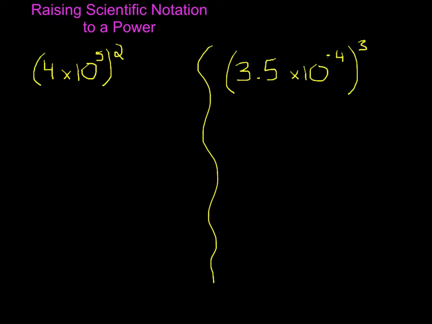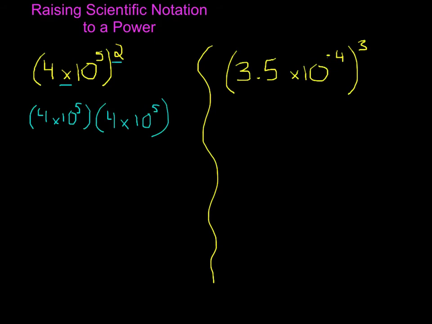Alright, so the third set of examples, we are raising a number written in scientific notation to a power. And you could think of this like it's just a product to a power. So 4 times 10 to the 5th, squared, what it means is 4 times 10 to the 5th times 4 times 10 to the 5th.